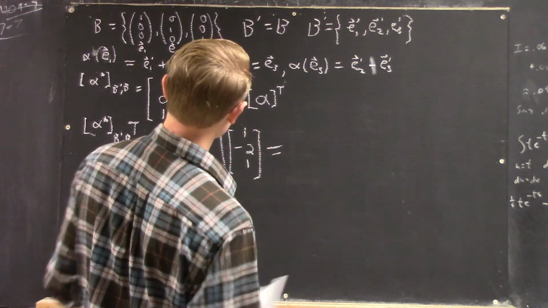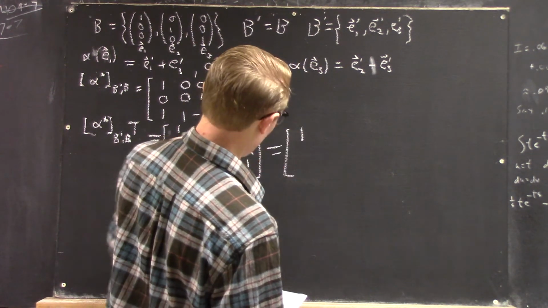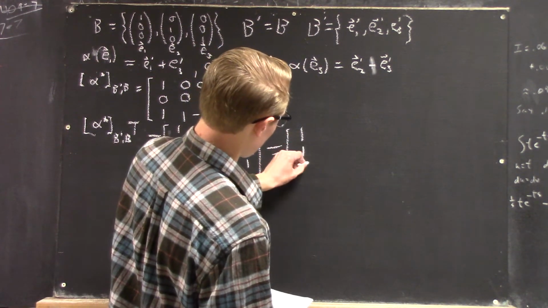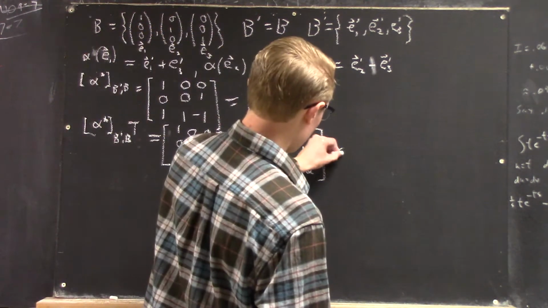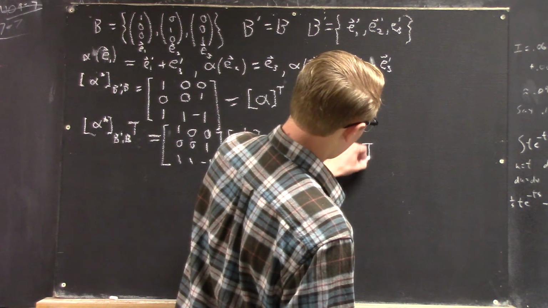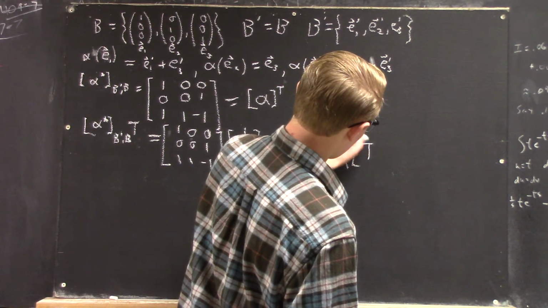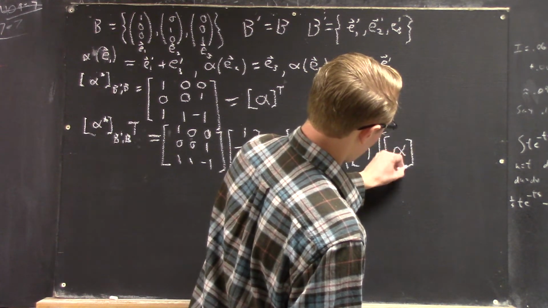And this will come out to be 1, 1, and negative 2, which, of course, is the transpose of the matrix T times the matrix of the linear transformation alpha.